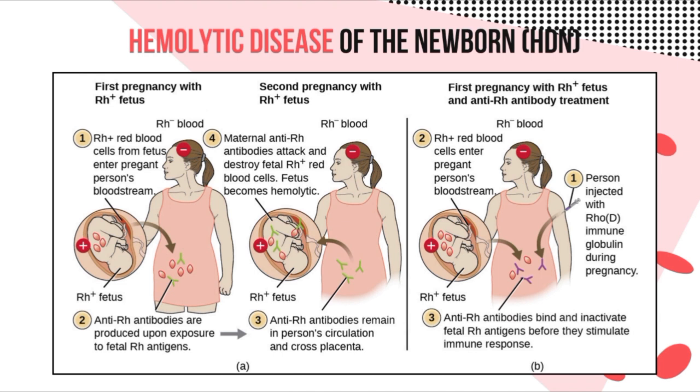So once the baby is conceived, the anti-RH antibodies would then cross the placenta and attack the baby's red blood cells. That leads to the hemolytic disease of the newborn, which is fatal to the baby and could possibly lead to the baby's death.